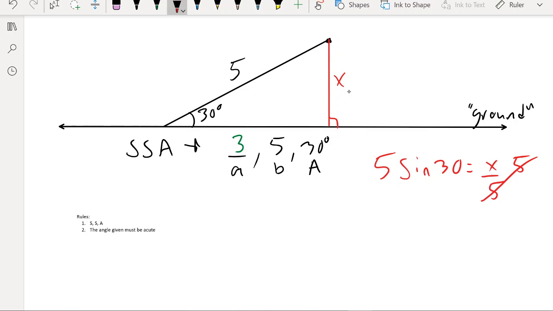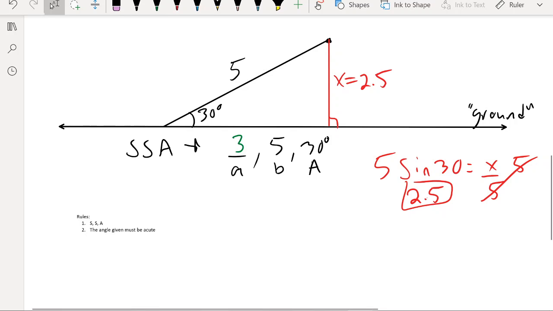So whatever this number is, you can find out pretty easily. You could type it into a calculator if you're not sure what sine 30 is, but sine 30 is 1/2. So half of 5 would be 2.5, or 5 halves, or whatever you want to call it. So it's 2.5. Okay, this is a very magical number for you. And here's why.